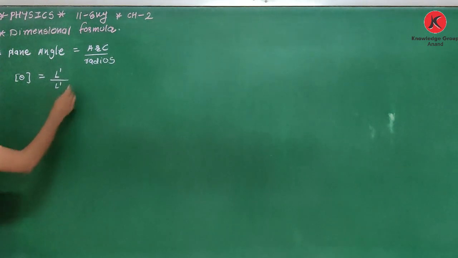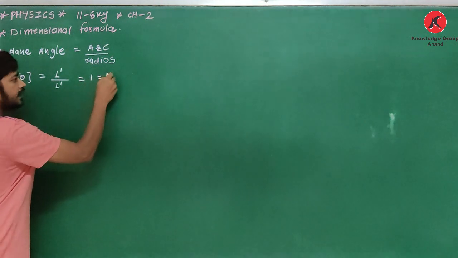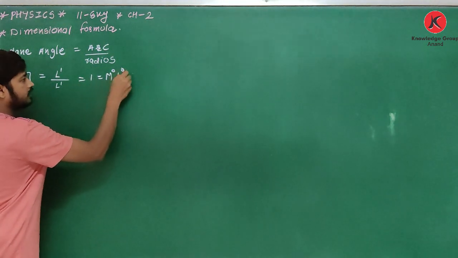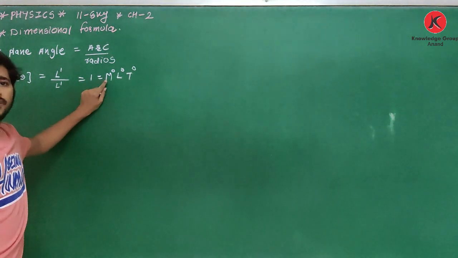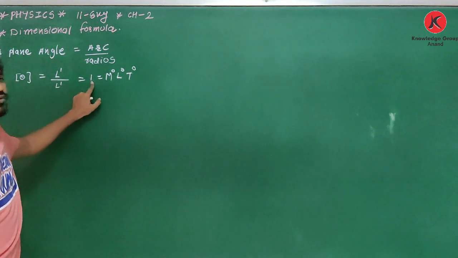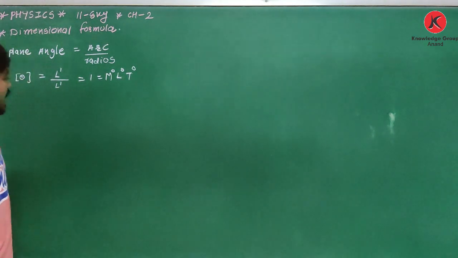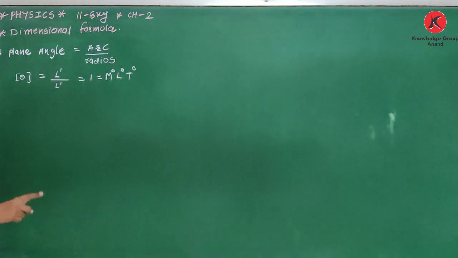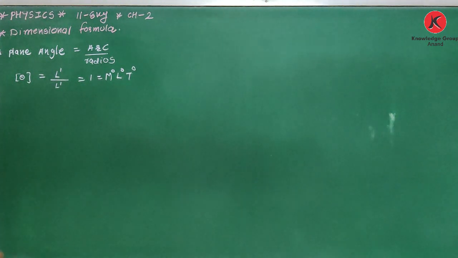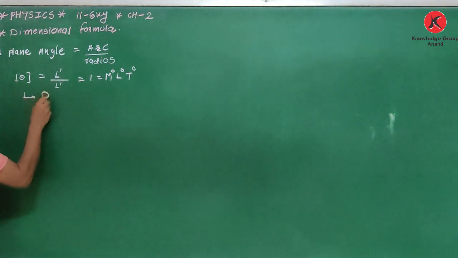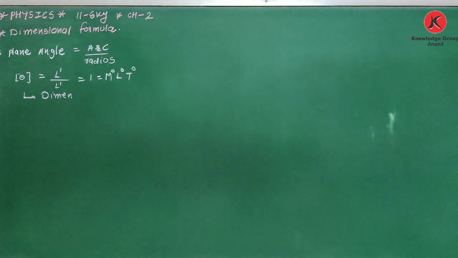So L1 by L1 cancels, it remains only 1, or you can write it as M0, L0, T0, because any quantity raised to 0 is equal to 1. Whenever the dimensional formula is M0, L0, T0, that quantity is called dimensionless.